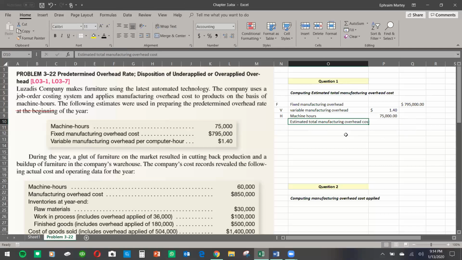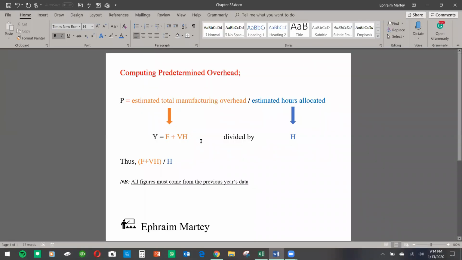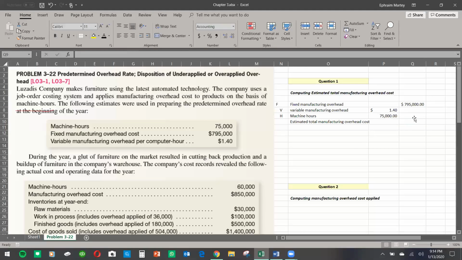And there we get our estimated total manufacturing overhead cost. But first we multiply the variable manufacturing overhead cost with machine hours, as explained here, V times H. So we multiply these two, and we have the variable element.